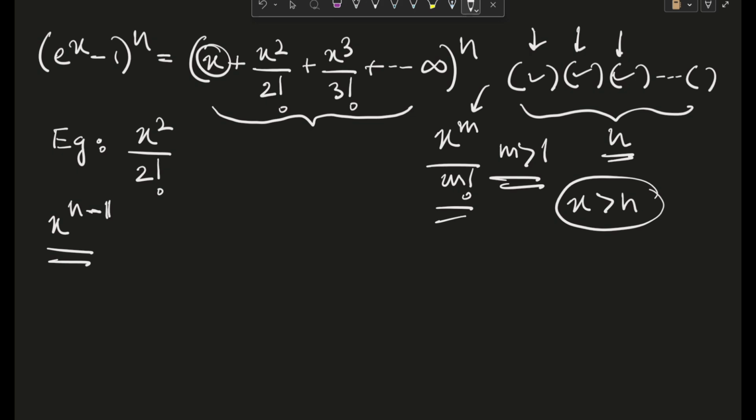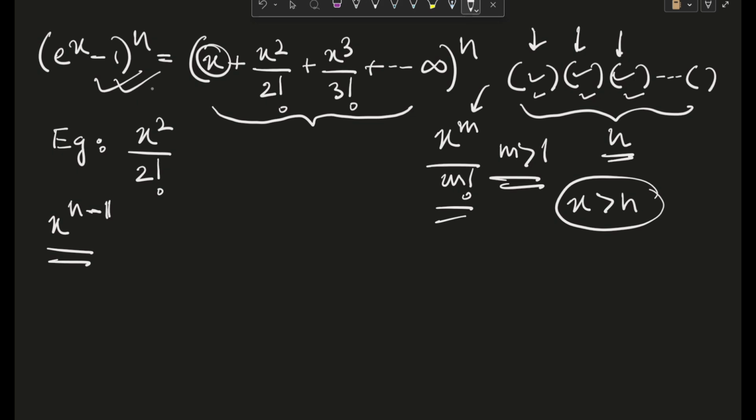Actually, we are taking n such brackets, each containing the same expansion, x plus x square by 2 factorial plus whatever, and we are selecting specific terms from each of these brackets in such a way that the coefficient we produce has minimum effect.